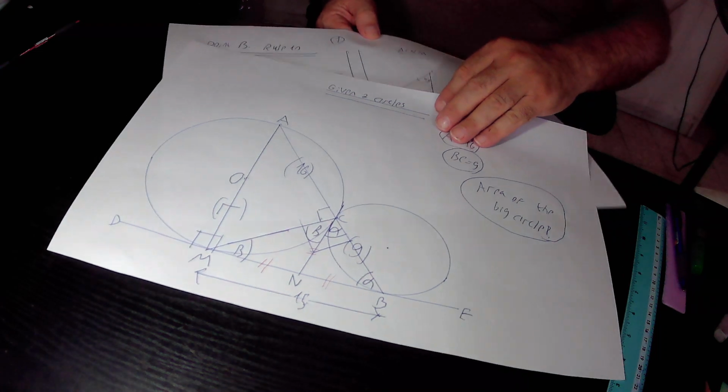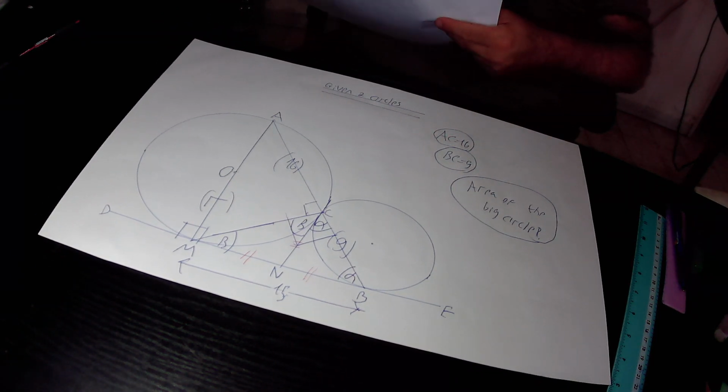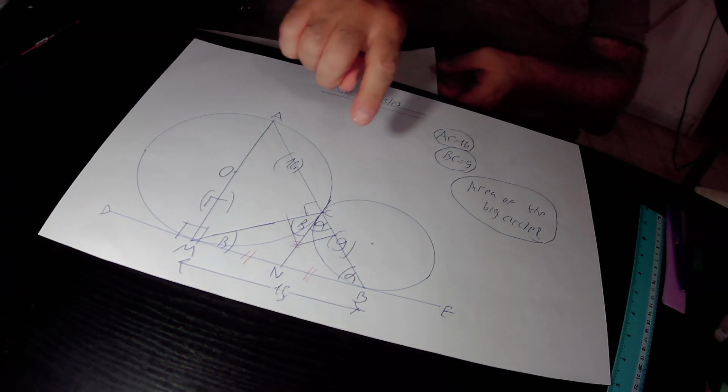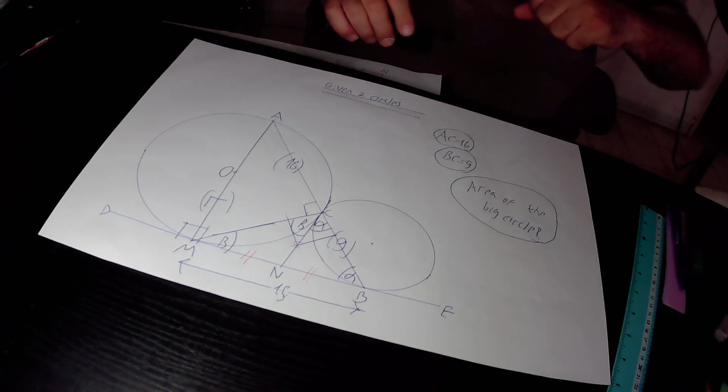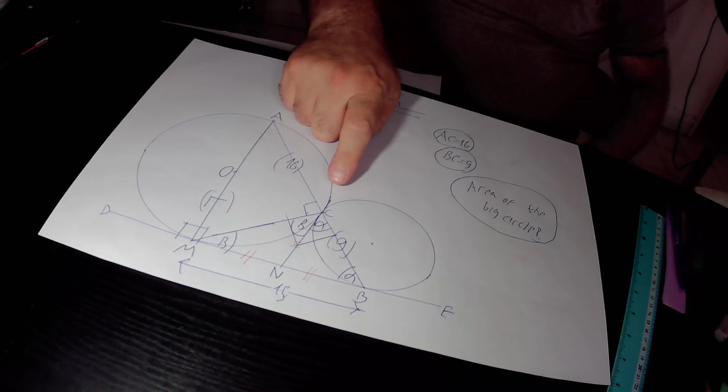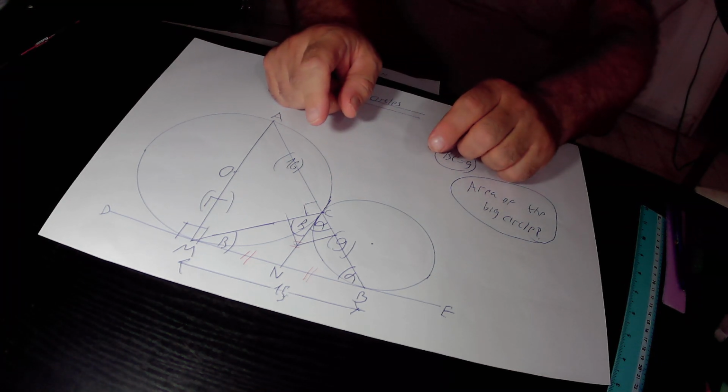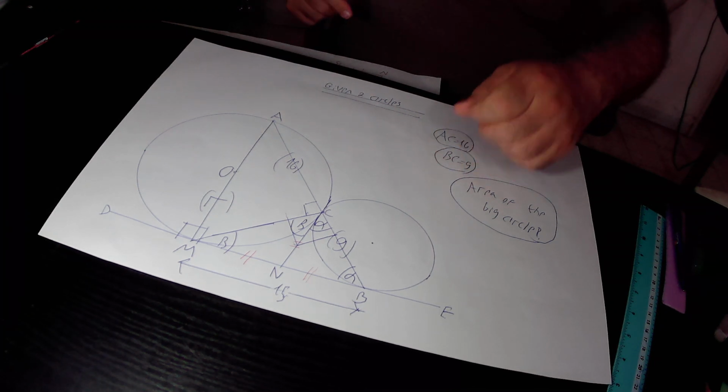In the first question, our mission was to find the area of this big circle. In the drawing, we have two circles that touch each other at this point C. Point C is the point of tangency of the two circles with each other.